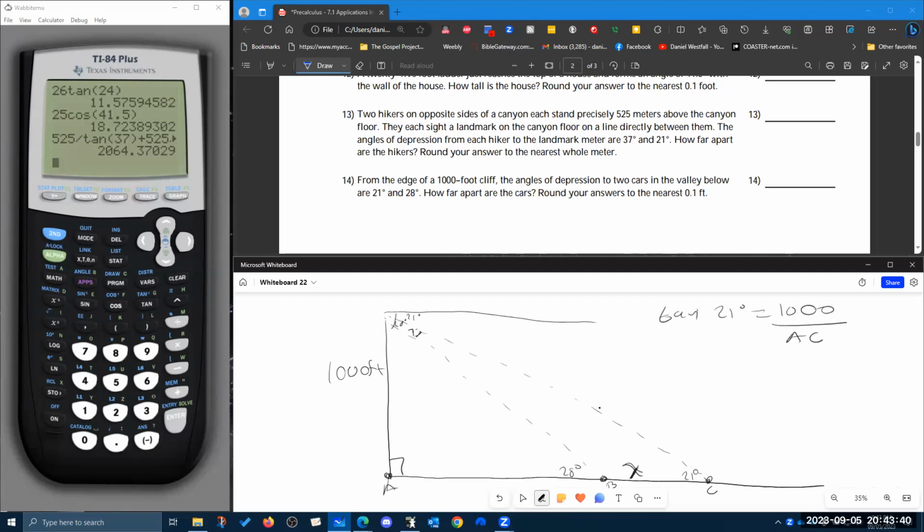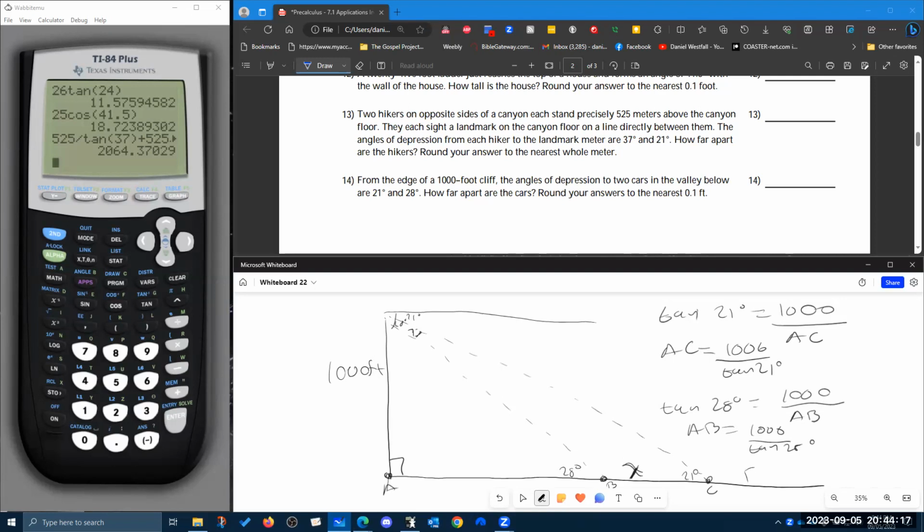And so AC is equal to 1,000 divided by tan 21. Tangent of 28 degrees is equal to 1,000 divided by the measure of AB. And so AB equals 1,000 divided by tan 28.